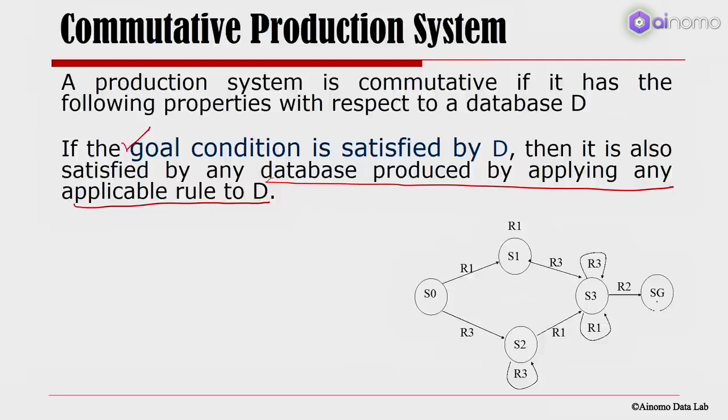So let's say SG satisfies my rule, but then we know all of the rules that were applied up till now could also be applied here, R1 or R2 or R3, and I still would have SG possible, and therefore if the goal condition is satisfied by D, then it is satisfied by any database produced by applying any rule applicable to D.